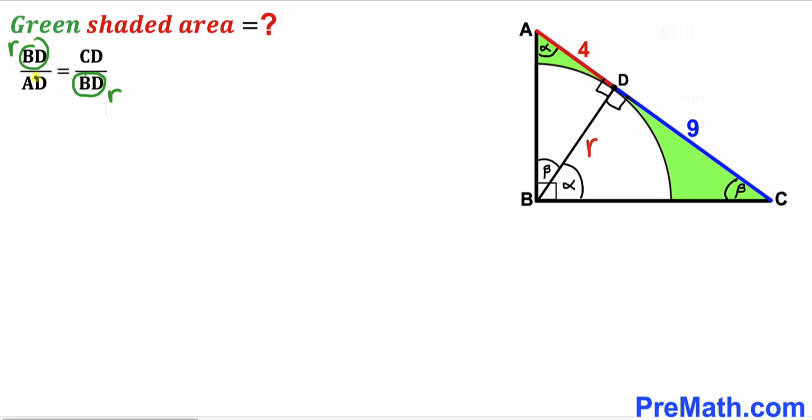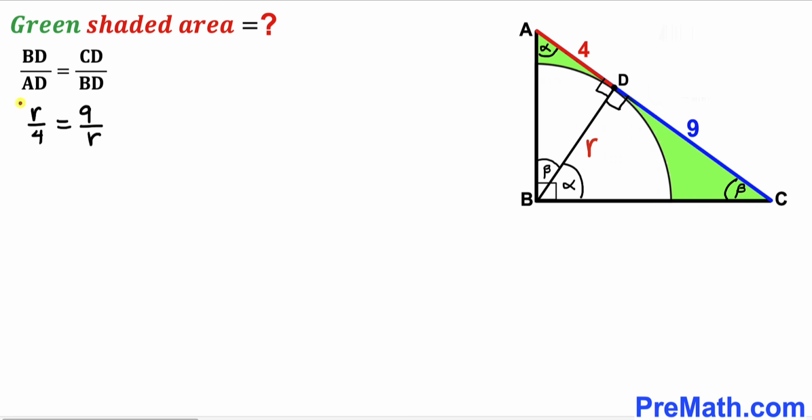Now let's focus on this AD segment length. We can see this AD segment length is 4, so I'm going to replace it with 4. And finally, our CD segment length is 9 units, so I'm going to replace it with 9. Therefore, we can write r divided by 4 equals 9 divided by r.